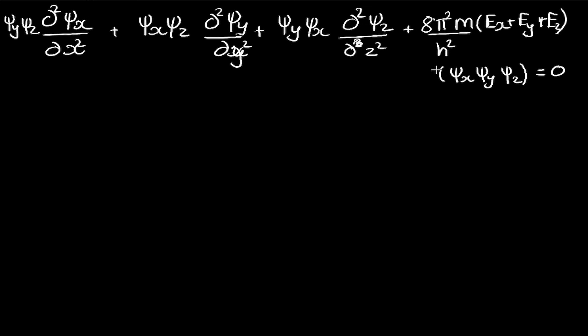Now we will be dividing the whole equation by psi of x, psi of y and psi of z, and the energy term we could multiply, writing x with x, y with y, and z with z.